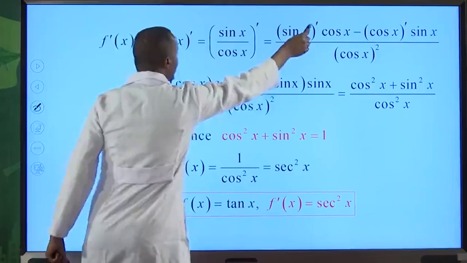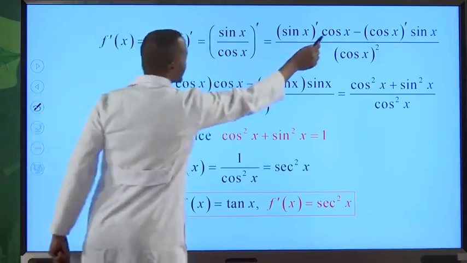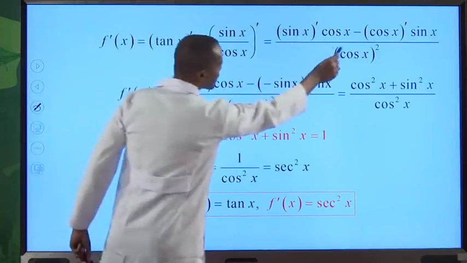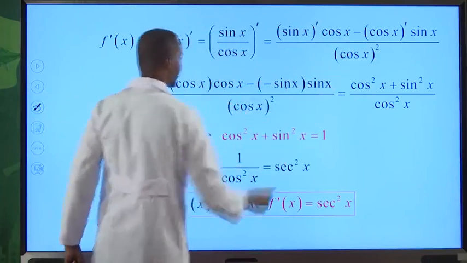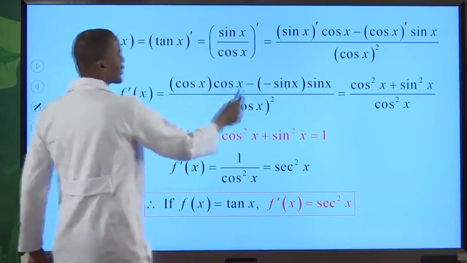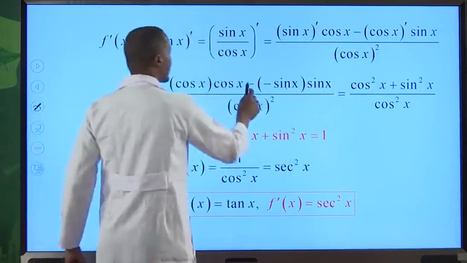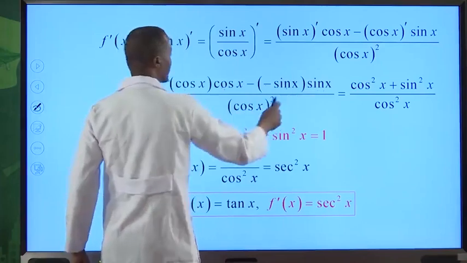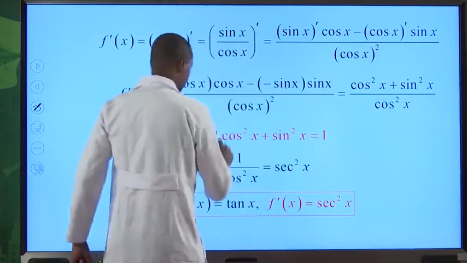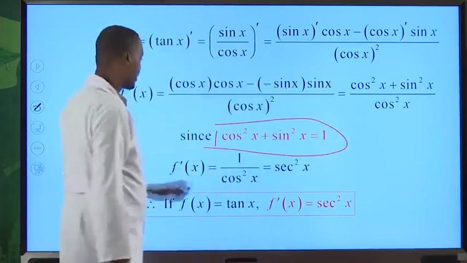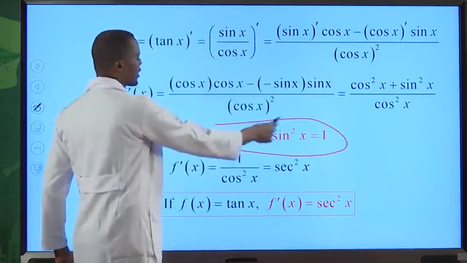Sine x derivative is cosine x, and this cosine x is already there. Minus cosine x derivative is minus sine x, and that sine x is already existing. So cos x times cos x is cos square x, minus of minus sine x times sine x is sine square x. And as you know, from the Pythagorean identity, cos square x plus sine square x is 1.